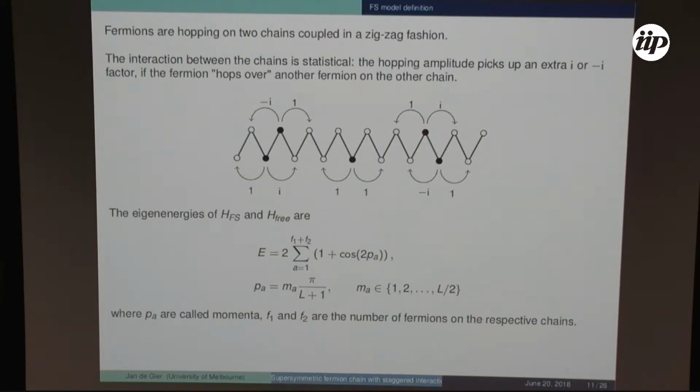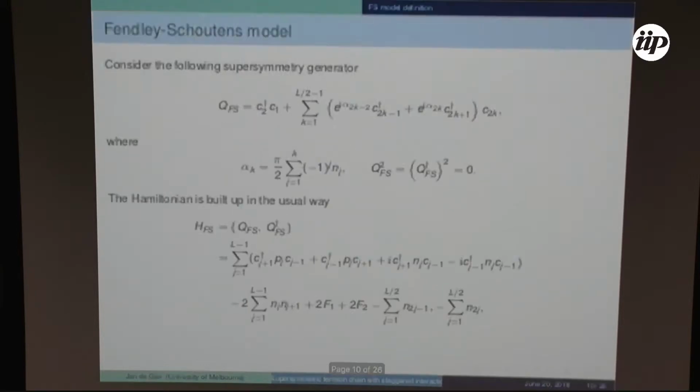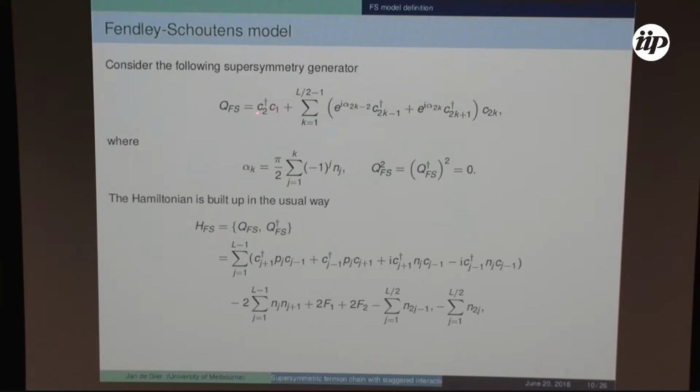Okay, so that picture is maybe more informative than these formulas, but I want to show them anyway so that you know that there are concrete formulas underlying them. There is this SUSY charge, Q. It's a bit complicated. It's a product of annihilation operators on the one chain and creation operators on the other chain.